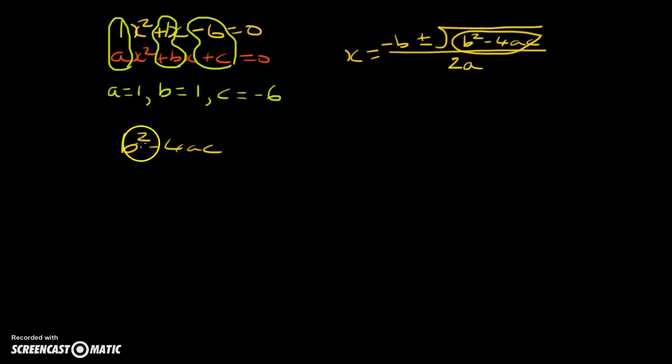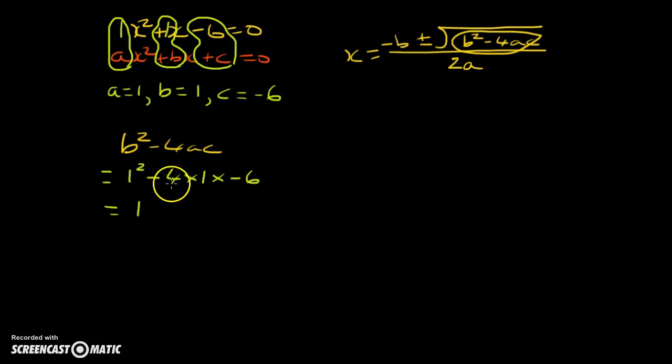So if I was going to use the discriminant, b squared minus 4ac, to tell me how many roots there are and the nature of those roots, we'd just pop those values in. So b is 1, so 1 squared, subtract 4, a is 1, so 4 multiplied by 1, and c is negative 6. 1 squared is 1.